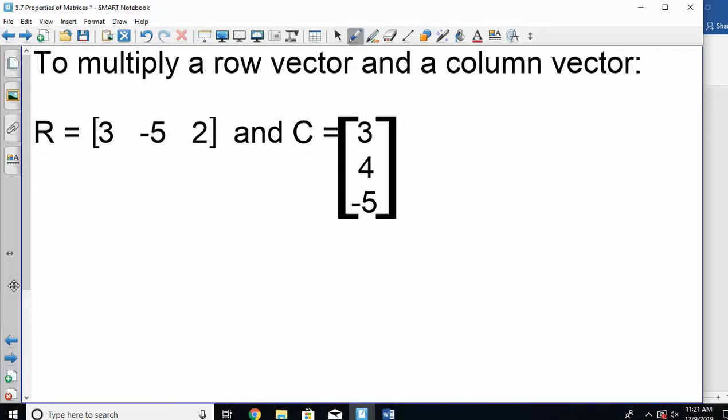So I will take 3 times 3, which is 9, negative 5 times 4, and 2 times negative 5, and then you add all those together. So if I take a row times a column, I get a single answer, in this case, negative 21.